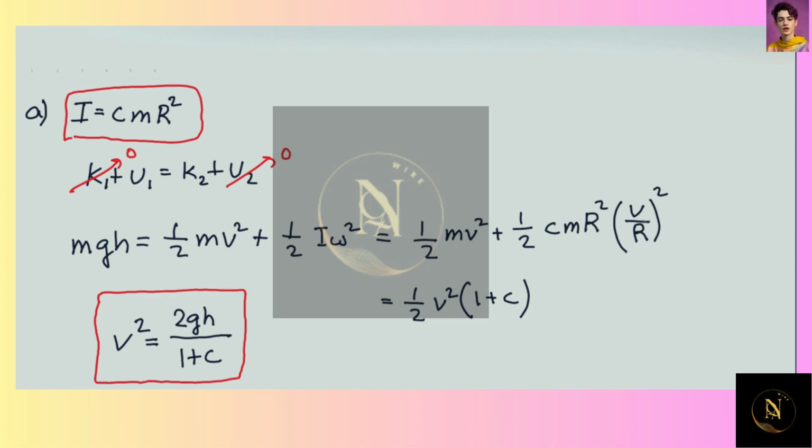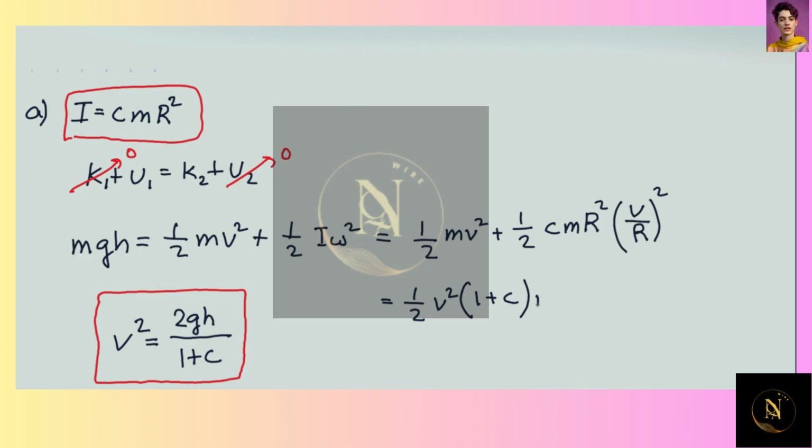If we combine everything together, we see it's half v squared times 1 plus c. From there, if we write v squared in terms of the other parameters, we see it's 2gh divided by 1 plus c.